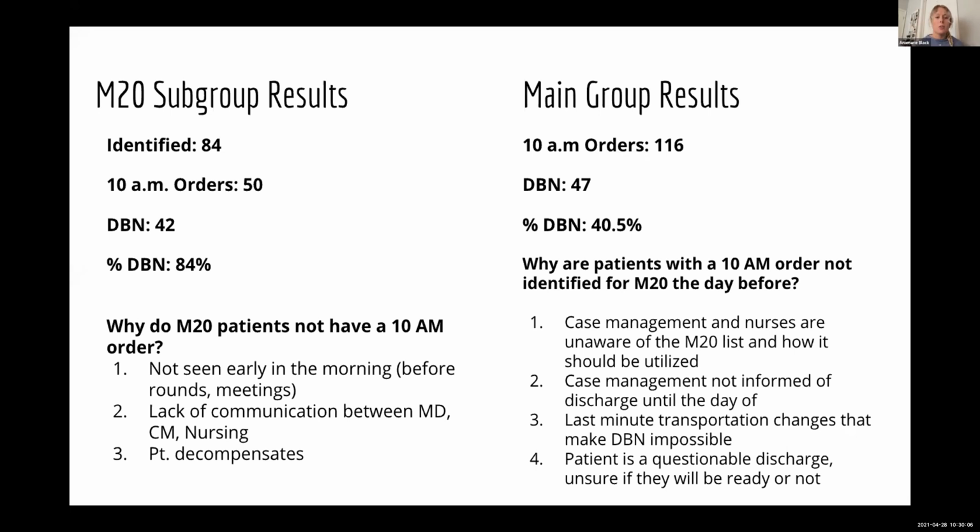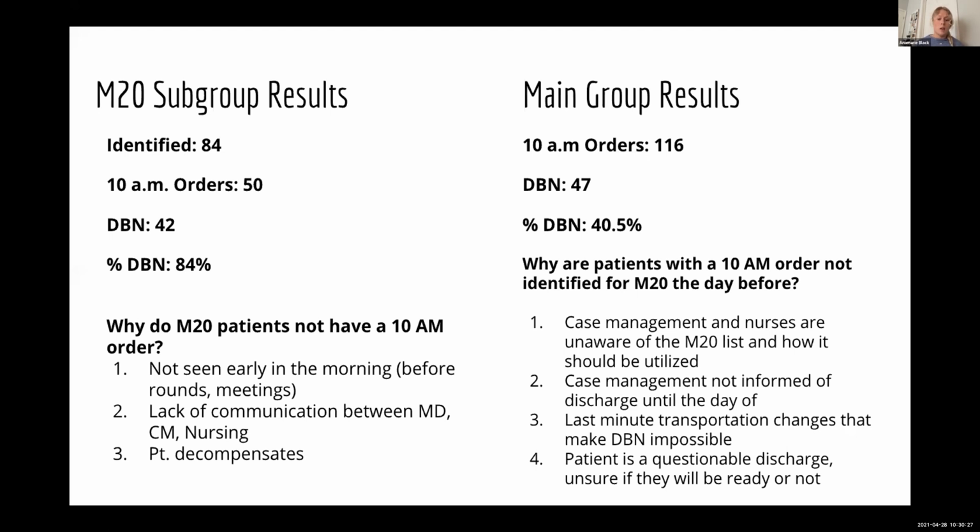And then for our main group results, there were a total of 116 10 a.m. orders with a total of 47 discharges before noon, which came out to 40.5%. We also collected some of the reasons why 10 a.m. orders were not identified on the M20 list beforehand.